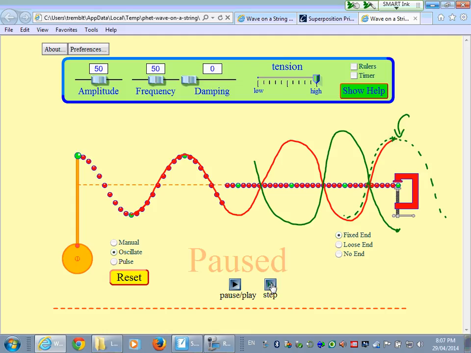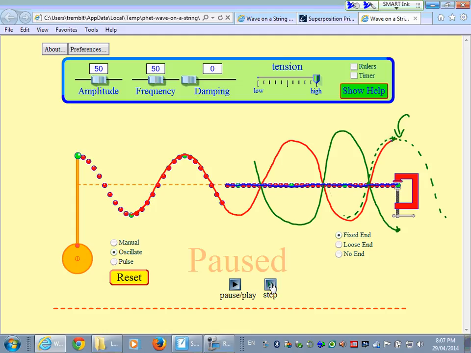You can see total destructive interference every step of the way. So the red and green waves interfere with each other destructively, and you get nothing. The wave totally disappears. That's the destructive part of the standing wave.